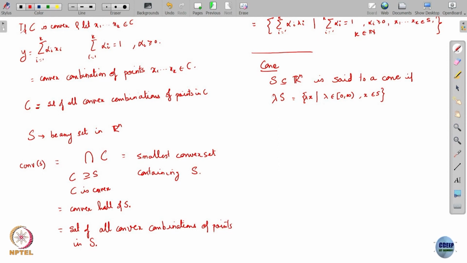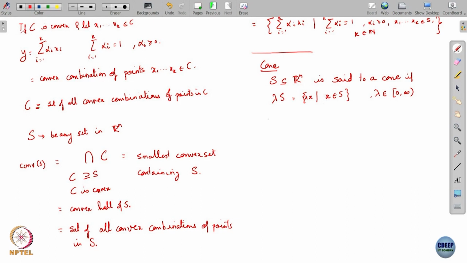Okay. So, my mistake here, I do not need this. But I am talking of lambdas that are non-negative. Okay. So, lambda S is this set where every vector has been multiplied by lambda.